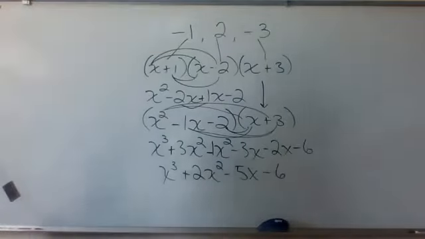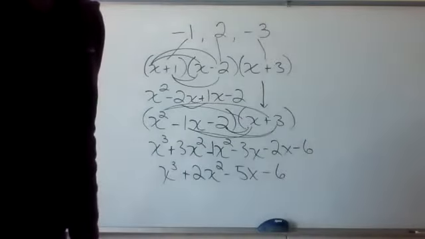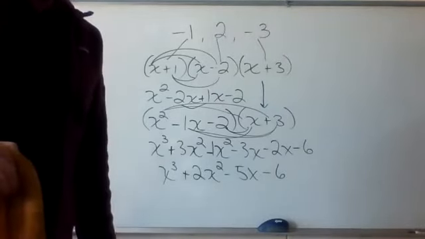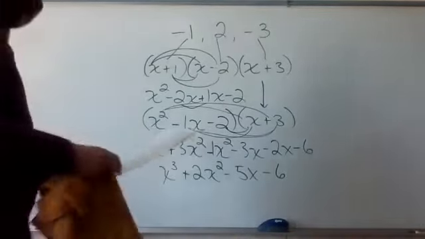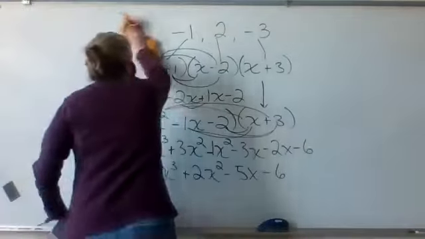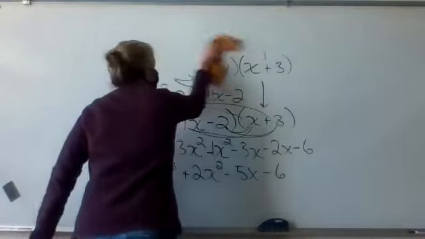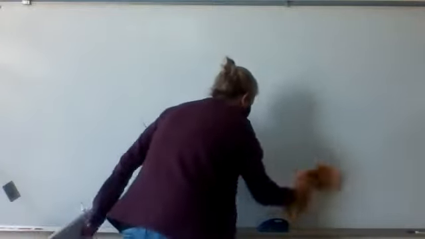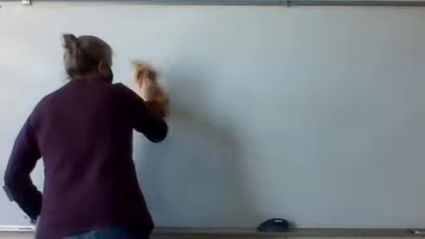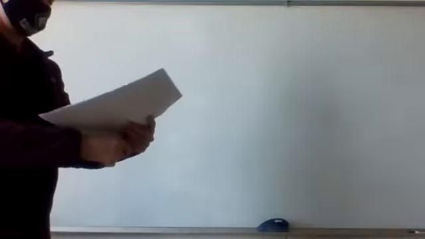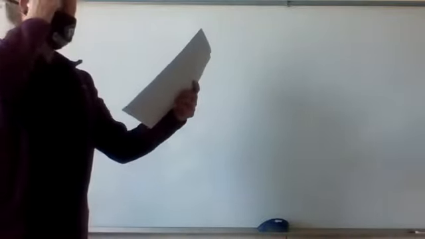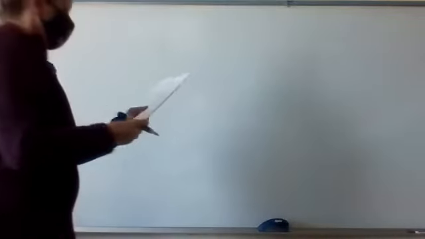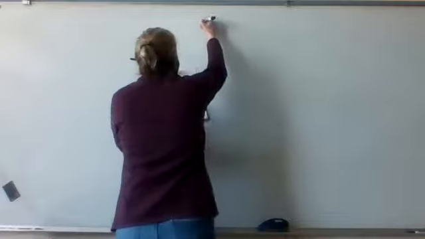Okay. Let's do another one. Number 2 is like it. It adds a little something else, but it's like it. All right, find a polynomial function in standard form with the zeros 4, 3i, and negative 3i.